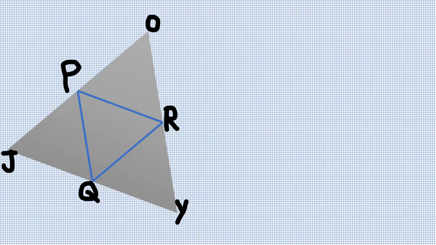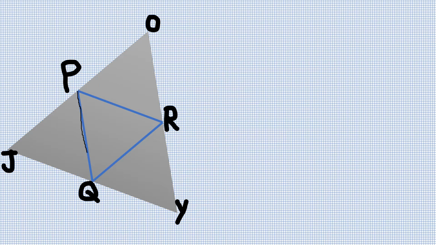So take a look at the given figure. This time we have two given triangles: a bigger triangle, triangle JOY, and a small triangle PQR. Our triangle PQR is formed by the midlines of triangle JOY. So let's have our parallel sides and the midlines.